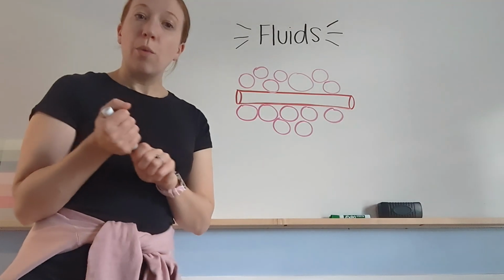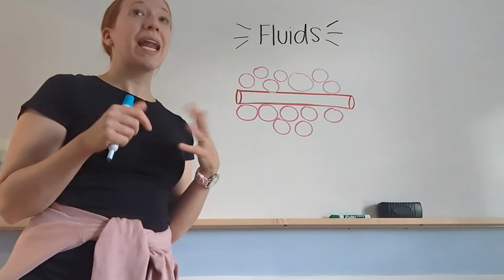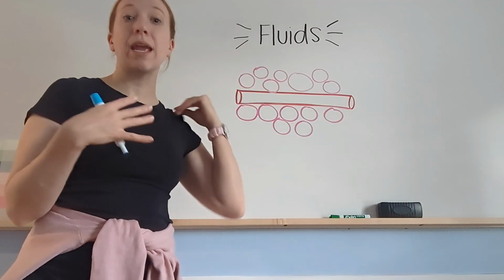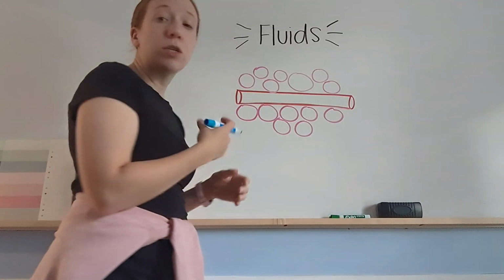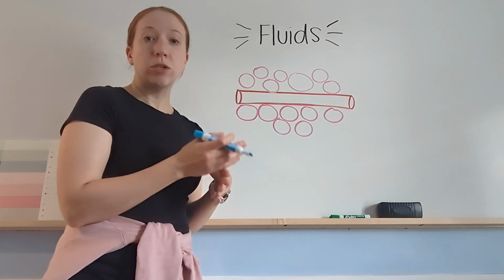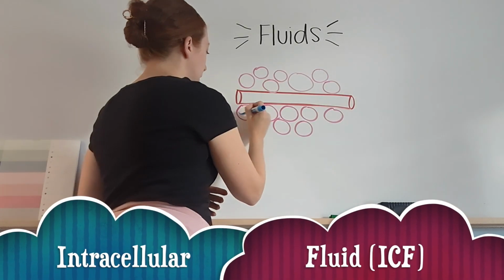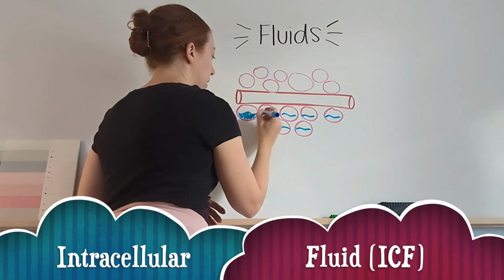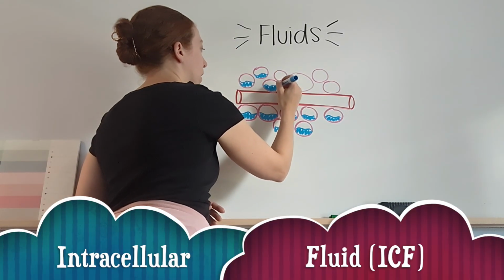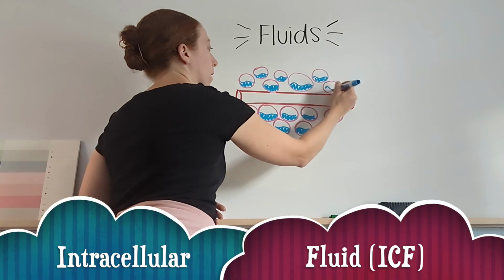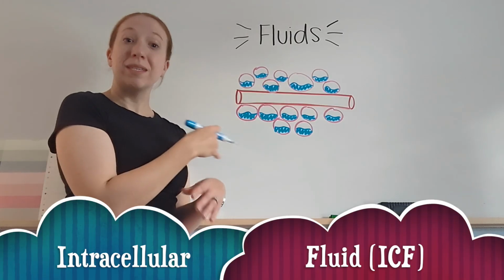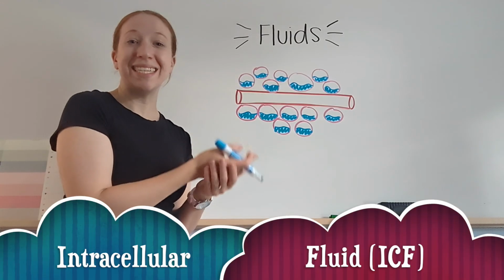Okay? So we have fluid within our body that acts as water and keeps us hydrated, that flows through our cells and our vessel. All of the water that is within the cell itself is called intracellular fluid. Okay, so this blue water that's filled up our cells is intracellular fluid, or ICF.